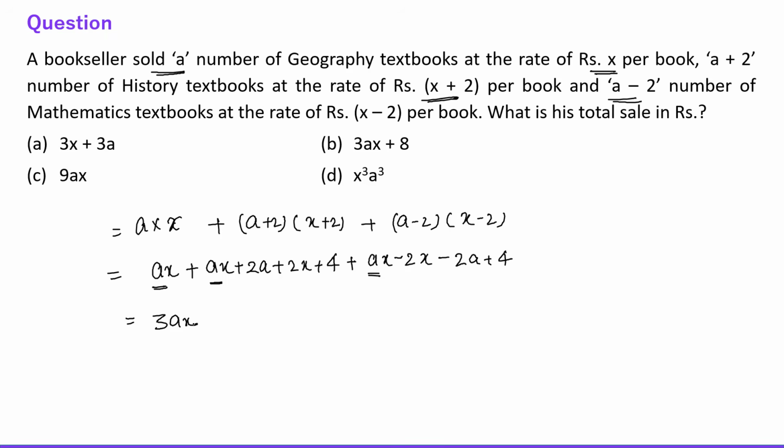And then 4 and 4 becomes 8. 2a and 2a get cancelled. 2X and 2X get cancelled. So here we are left with 3aX plus 8. This is the final answer. 3aX plus 8. Okay. So now let's move to the other question.